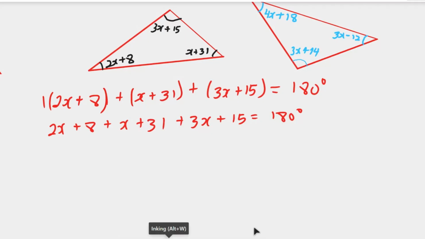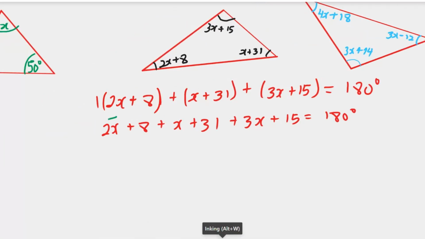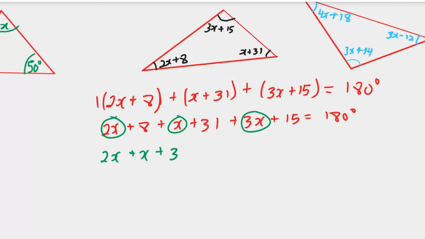So you can see that this 2x, x, 3x, they are all like terms. So that's going to be 2x plus x plus 3x. So all those are like terms. And let's take the other ones. So we have 8 and that of 31, 15, they are all like terms.